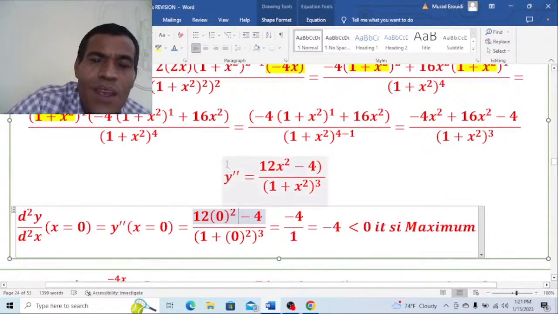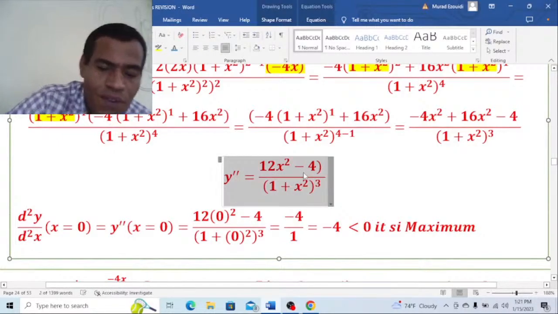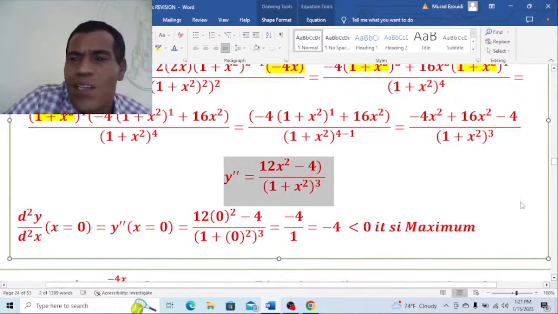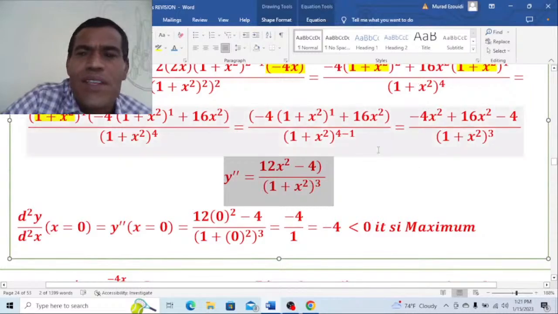This is now the second derivative of the function. Now I will try to find the value of this. Yes, correct.